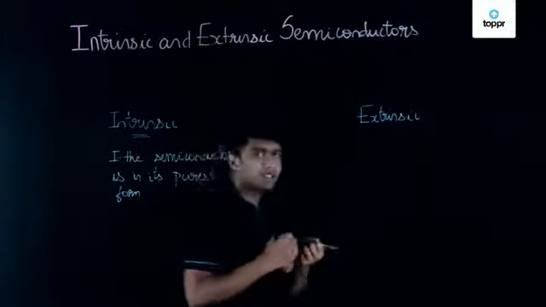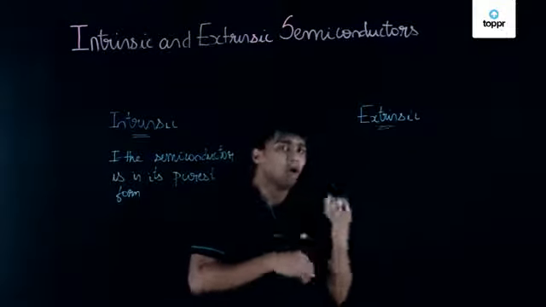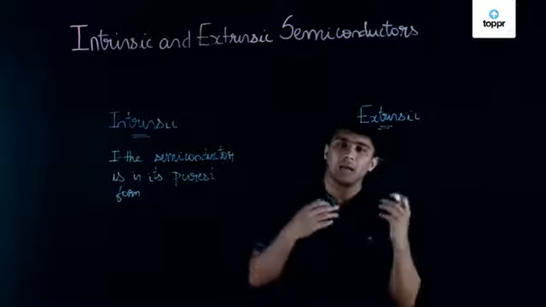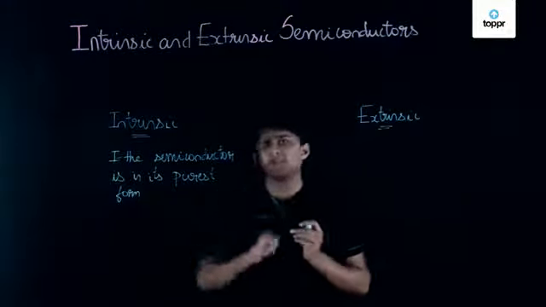And if there is some impurity, or if we are adding some impurity to make it more efficient, then it will be an extrinsic semiconductor. Then how are we adding impurities to a semiconductor?